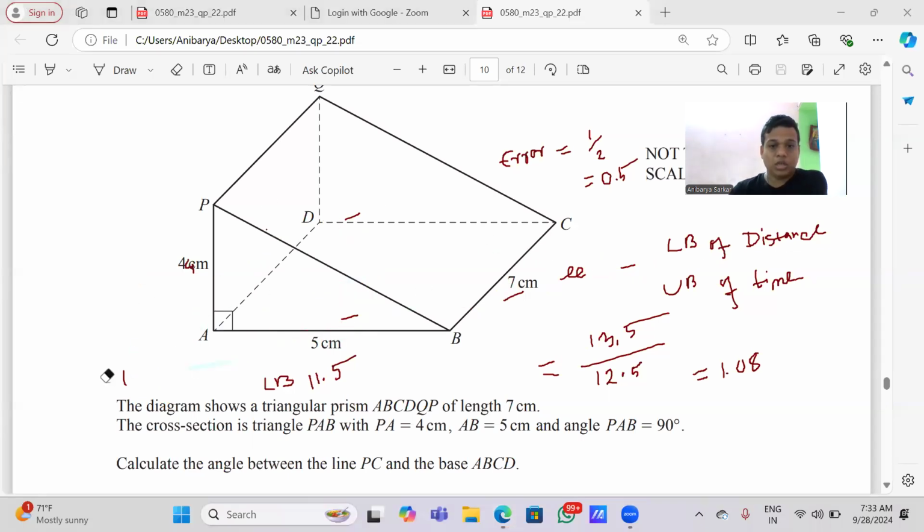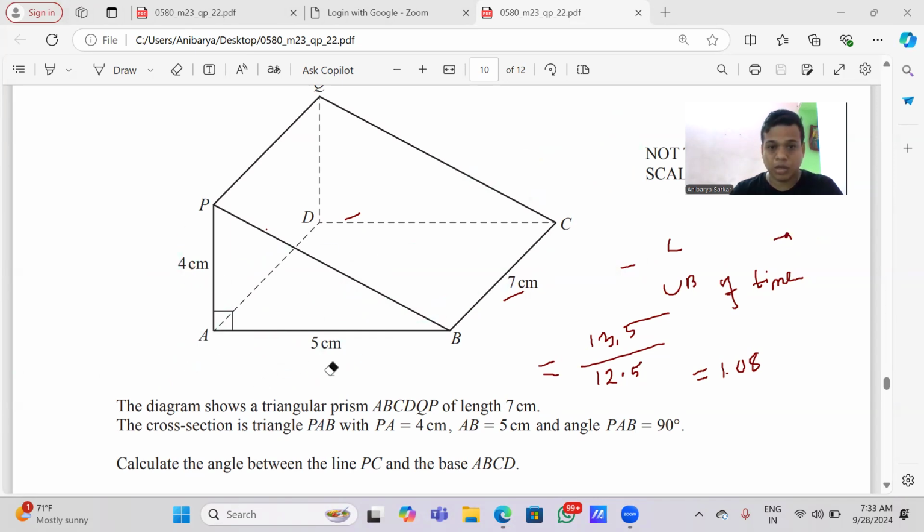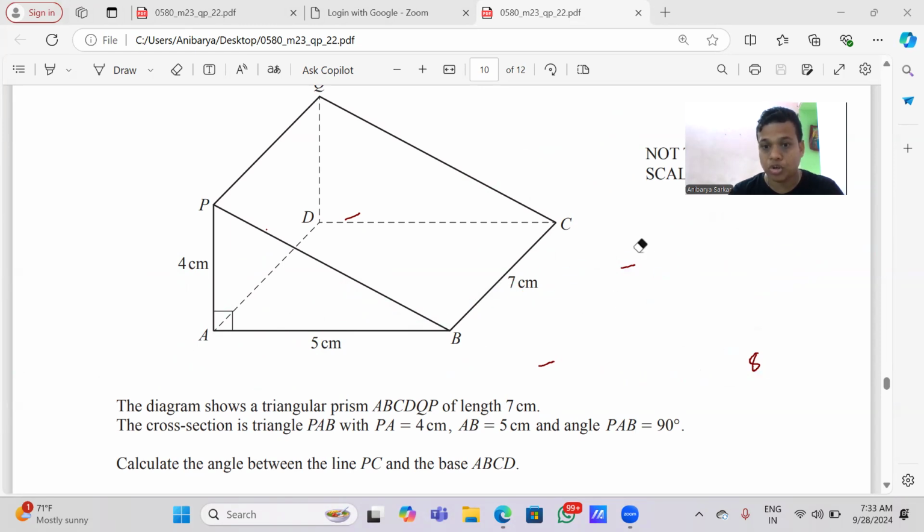The next question is from trigonometry. So you all know trigonometry, hope. Not to scale. The diagram shows a triangular prism ABCDQP of length 7 centimeter.